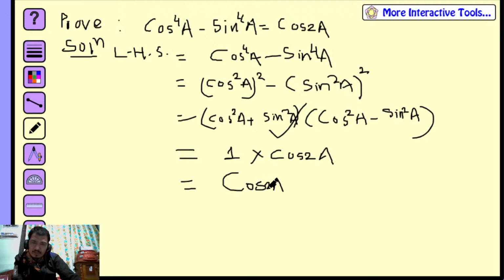Write it, cos 2a. This is our result, the right hand side. By solving the left hand side, we got the right hand side, okay?